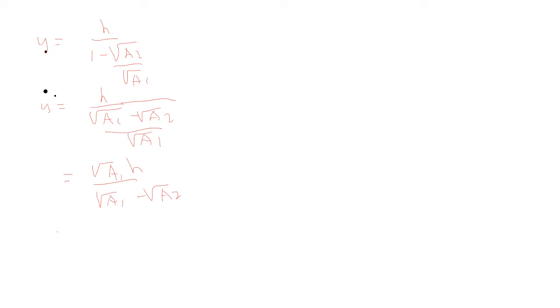So Y, simplify this one further: square root of A1 times H all over (square root of A1 minus square root of A2), times (square root of A1 plus square root of A2) all over (square root of A1 plus square root of A2).